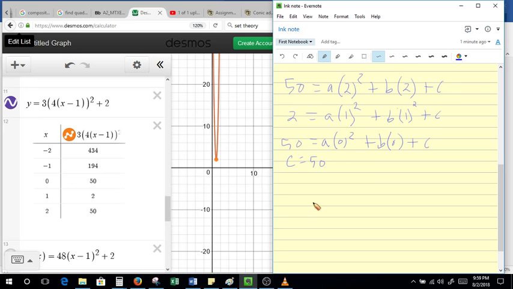With that, we can plug it into one of the other equations. So let's plug into this one right here. We've got 50 equals 4a plus 2b plus 50. And then those 50s are going to end up canceling each other out. 4a plus 2b.